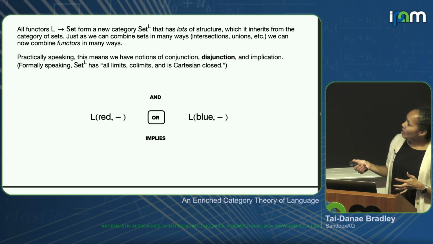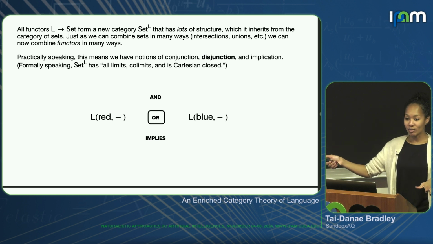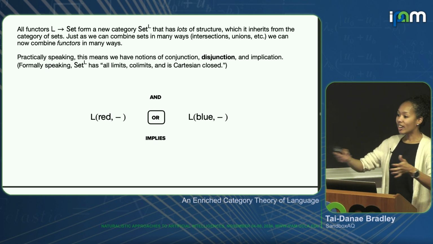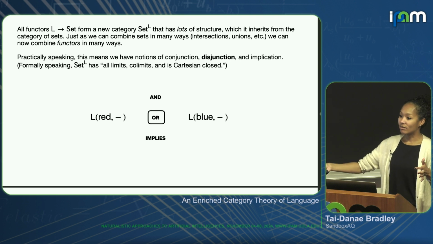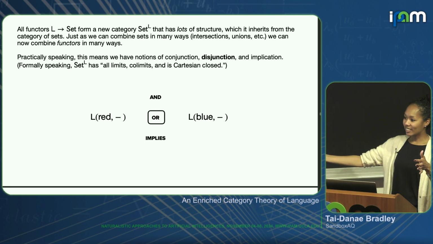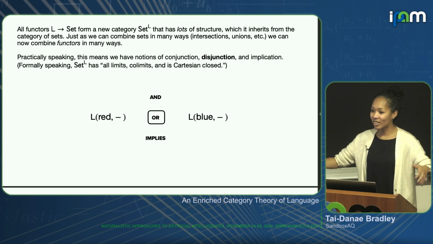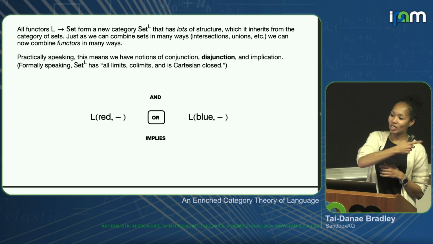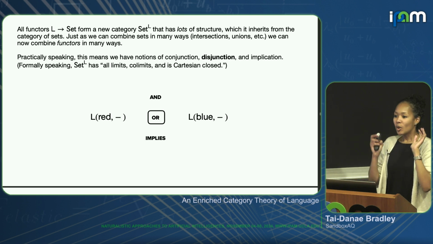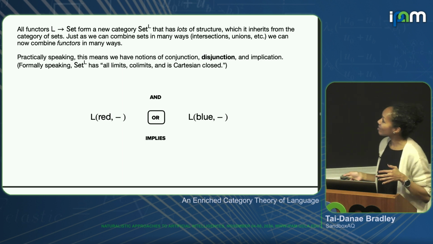You can consider all functors from your language category L into set, not just the representable ones, but you can imagine there are other functors that we haven't thought about, just arbitrary functors. This entire collection itself forms a new category, a functor category. This category has lots of structure. It allows you to do the things on the previous slide. Why? Because they're functors valued in set, and you inherit the structure from that category.